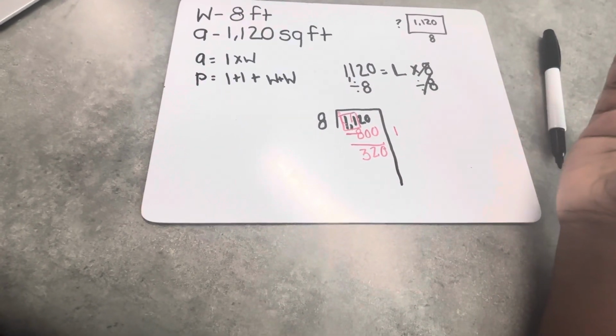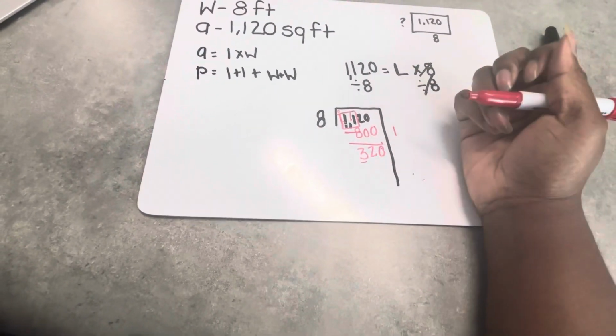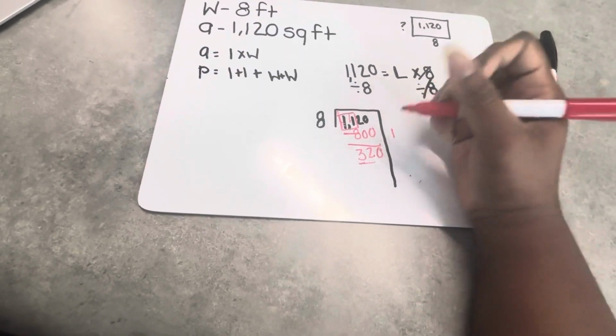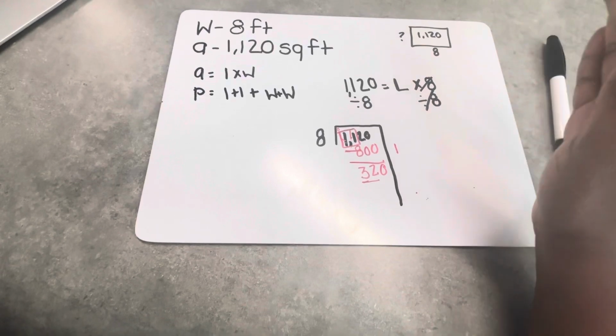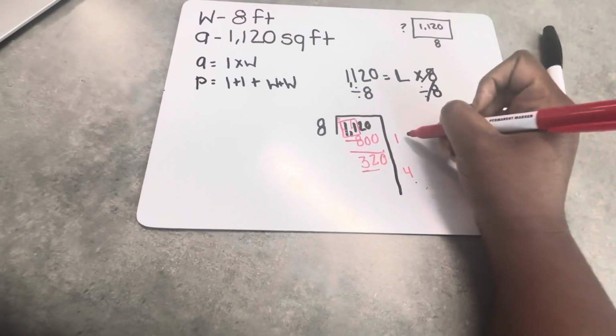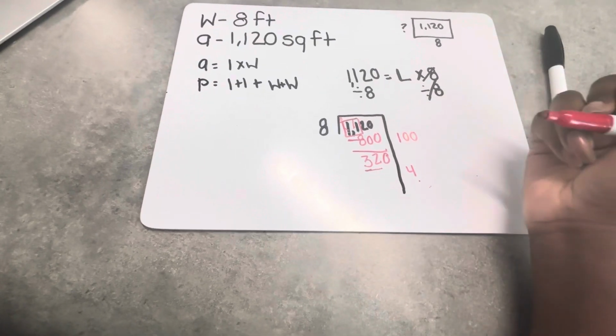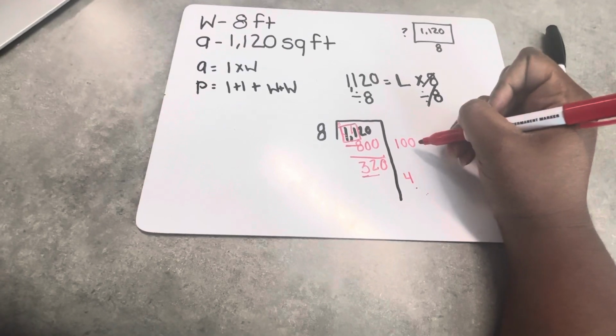Now I'm going to ask myself again, what number can I multiply by 8 to get me close to 3? Can't do it, so we're going to take the first 2 digits instead. What number can I multiply by 8 to get me close to 32? I know that 8 times 4 is 32. Remember, we had 2 zeros that we added here, so we're going to add 2 zeros here as well.